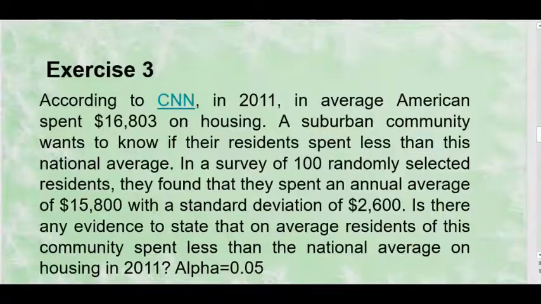In step 3, we need to find a critical value from the normal table. Alpha is 0.05 or we can say 5%. Both of them are the same, 0.05 or 5%. So alpha is 0.05 and we have a left tail test, it means one tail test, so we need Z alpha.